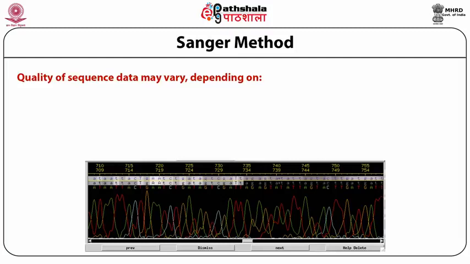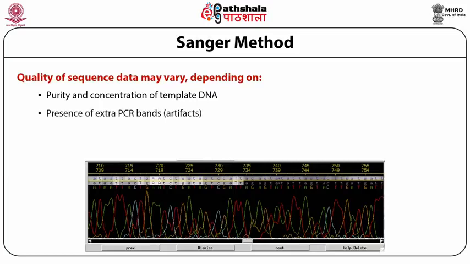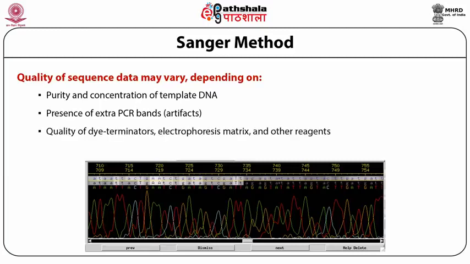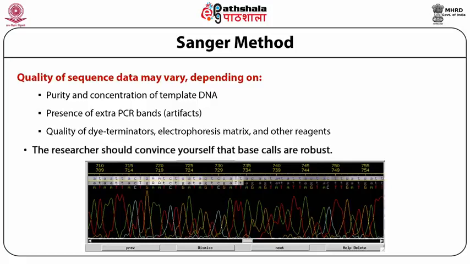So for determining the quality of sequence data, it is very important to analyze the peaks, and quality of data depends on purity and concentration of template DNA, on presence of extra PCR bands, on quality of the dye terminators, on quality of the capillary electrophoresis matrix, and the reagents used for sequencing. So the researchers should be convinced that these base calls are robust, that non-specific bands are not there, and peaks are very clear.